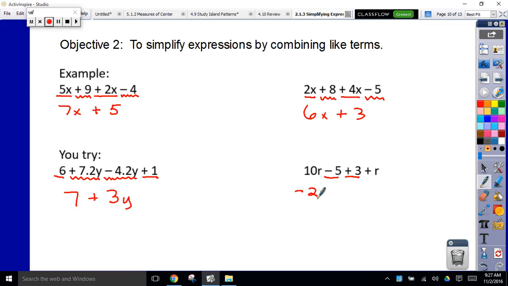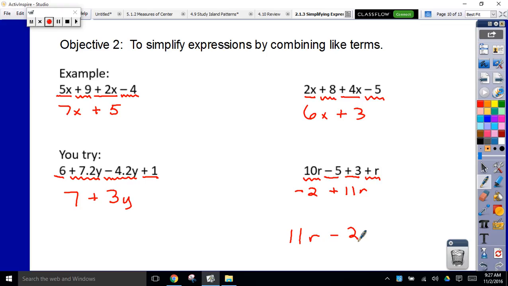What else do we have in like terms, Olivia? 10R and R. What do those combine to give us? 11R. Some of you may have combined the R's first. Some of you may have written 11R minus 2. That's okay too. Either of these ways is correct.